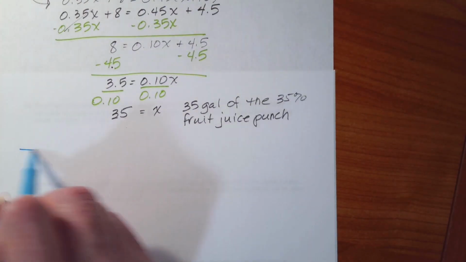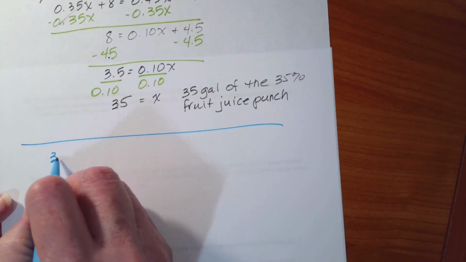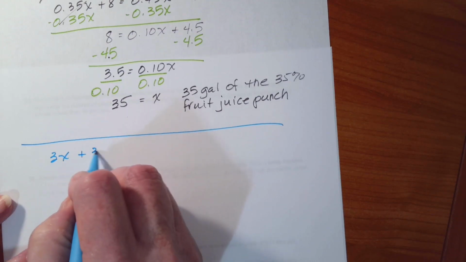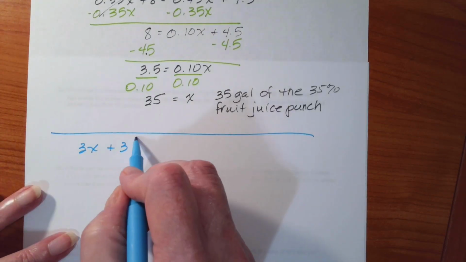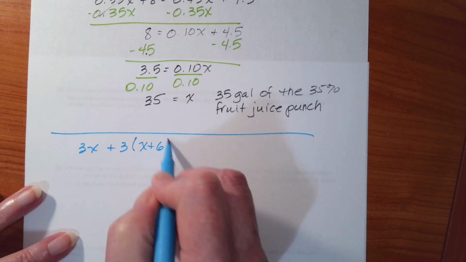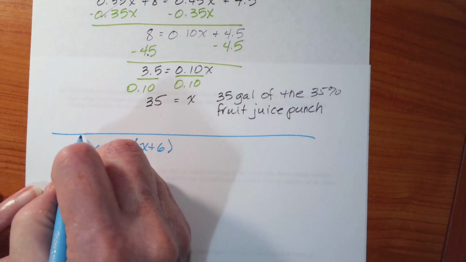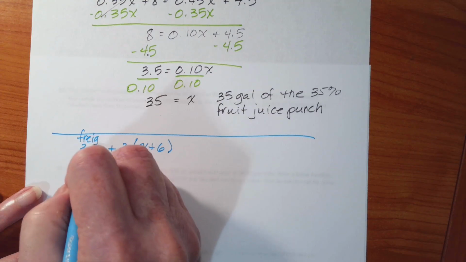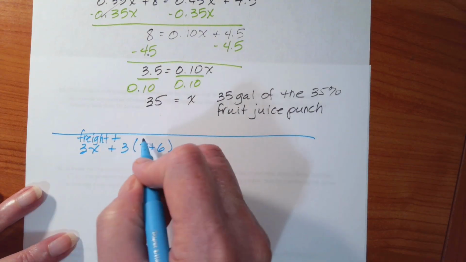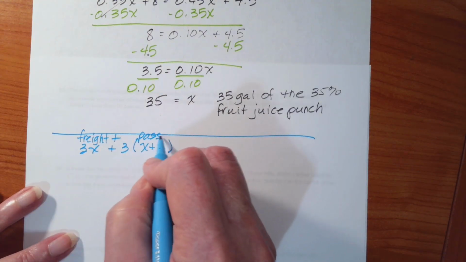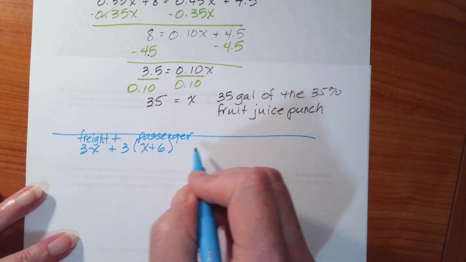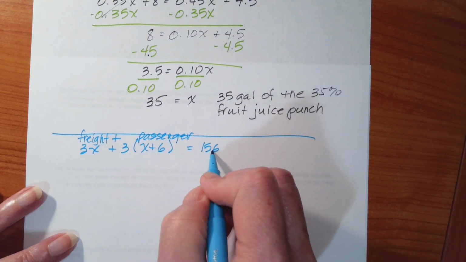So I have here that 3x plus 3 times x plus 6, this is the distance for the freight plus the distance for the passenger, is equal to 156.